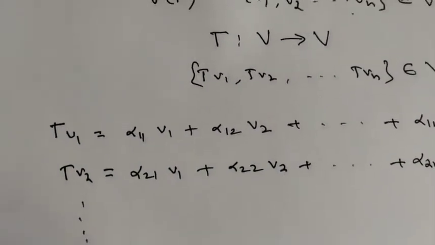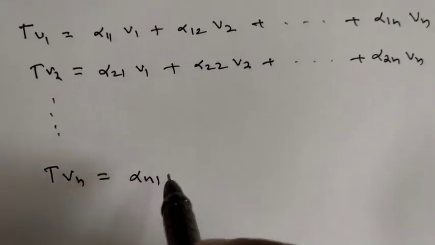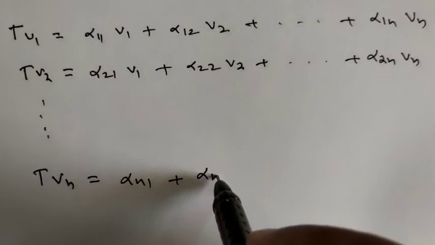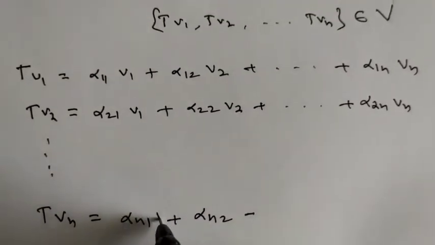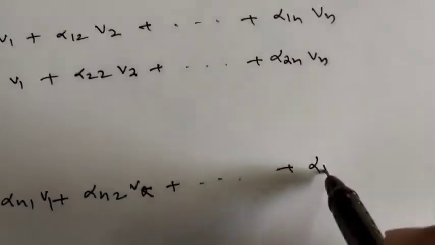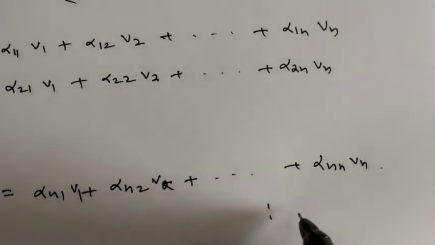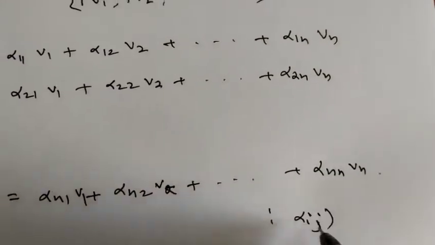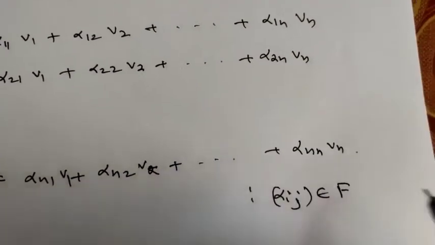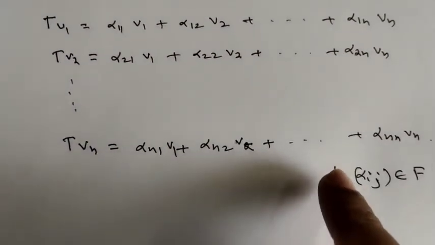Likewise, T of the last element Vn can be written as alpha n1 V1, alpha n2 V2, and so on, alpha nn Vn, where each alpha ij is an element of F. Now we have a system of equations: T of V1 is equal to this, T of V2 is equal to this, T of Vn is equal to this.